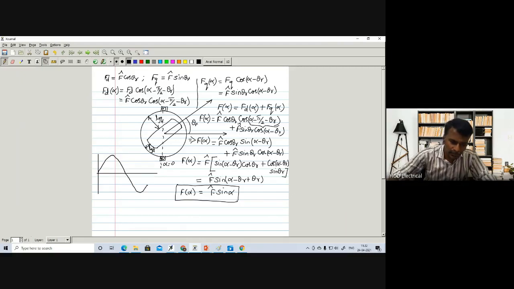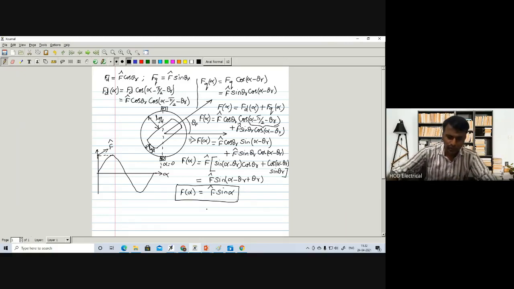The maximum is F cap, the x-axis is alpha, and the waveform goes in a sine fashion, F cap sine alpha.